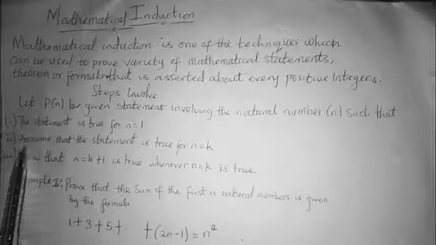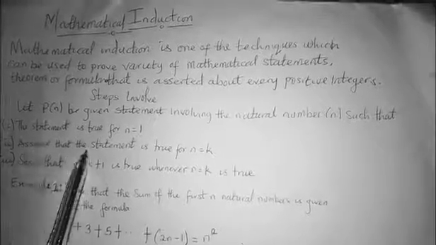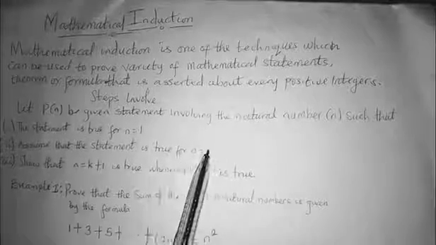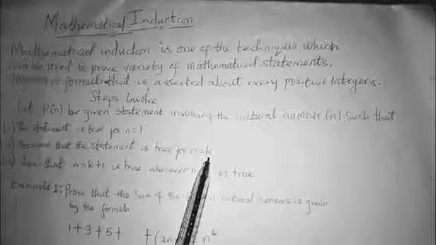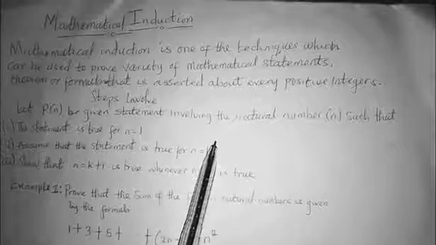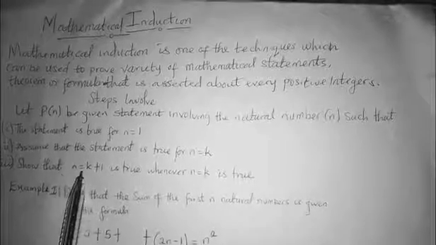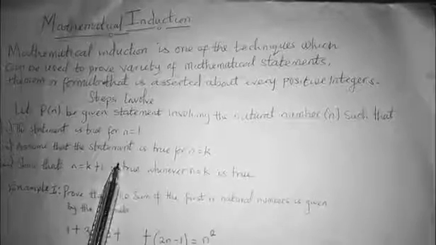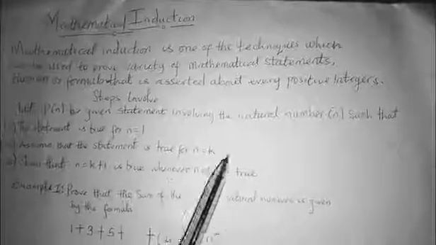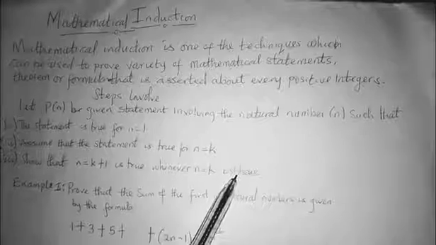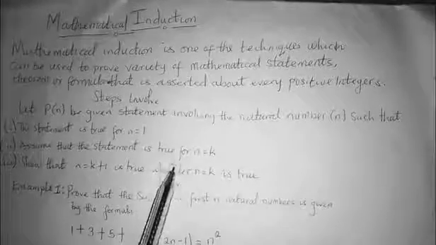Then the second step is that you assume that the statement is true for n equals k. Then you will show that n equals k plus 1 is true whenever n equals k is true. This is where the work is.